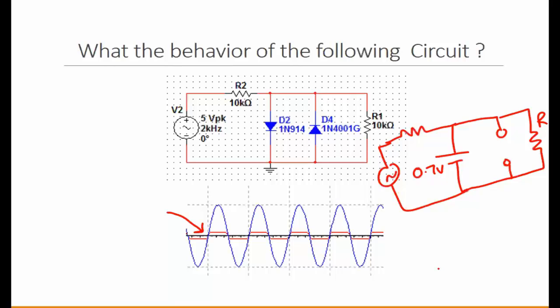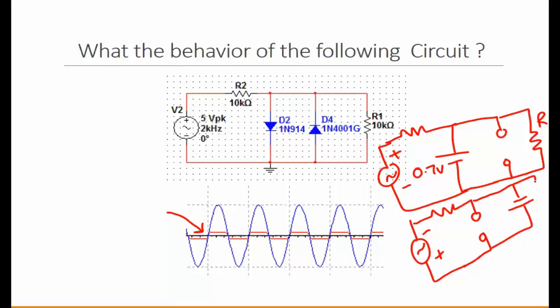But if you talk about the negative cycle, this is when the signal is positive. So when you talk about the negative half cycle, D2 would be reverse bias, which means open, but D4 would be forward, where the negative is on the top. Negative 0.7.